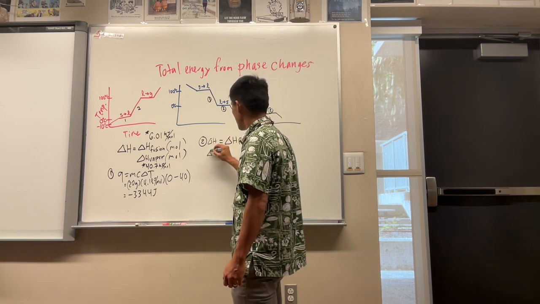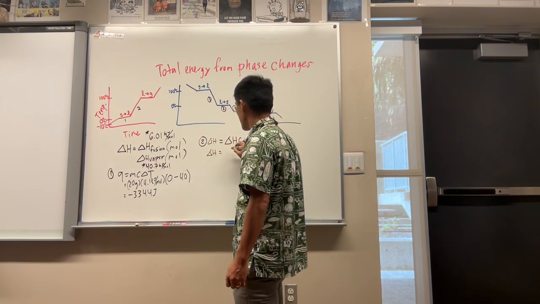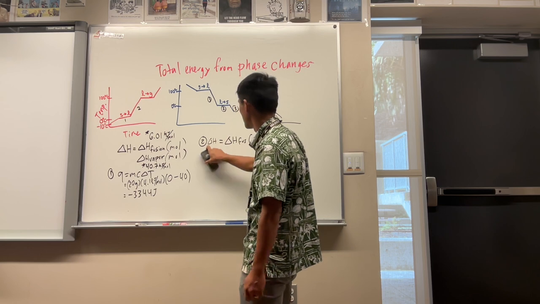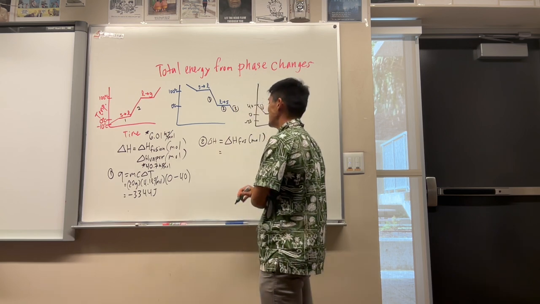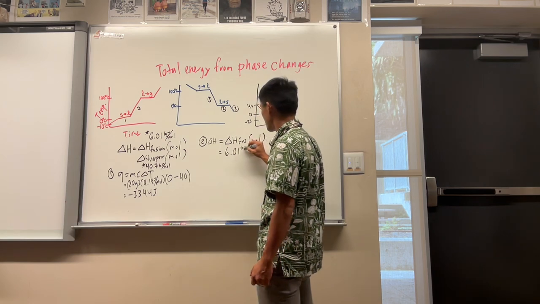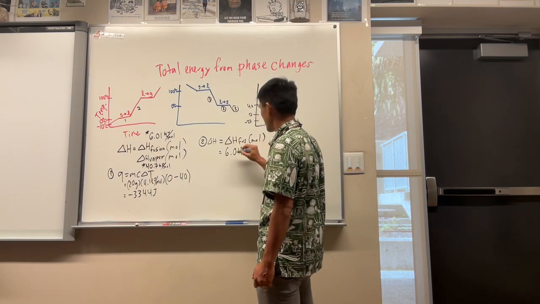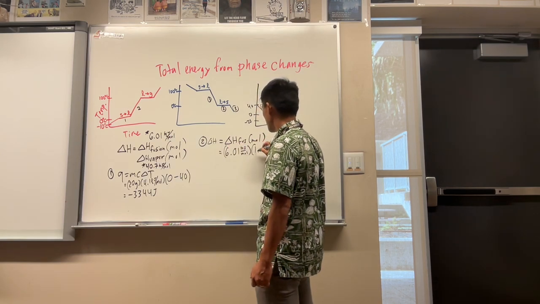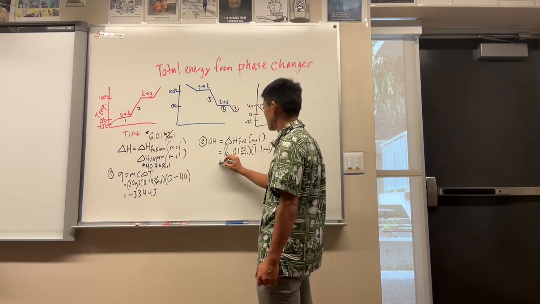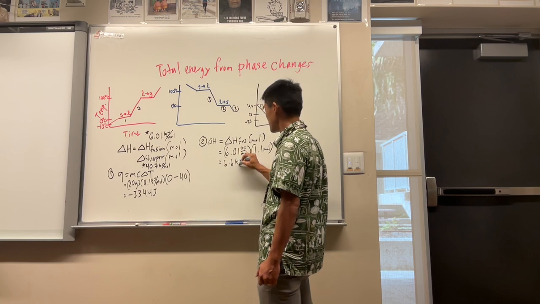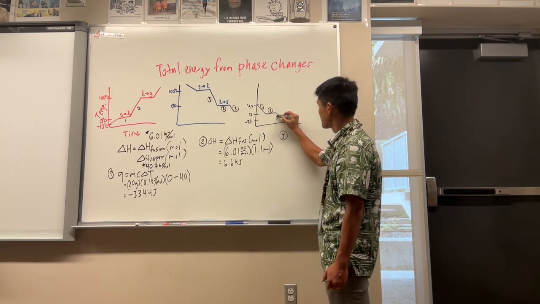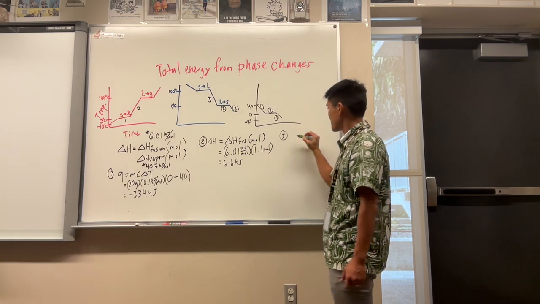So delta H fusion is 6.01 kilojoules per mole. And then how many moles? 1.1. So 6.6 kilojoules. Okay, good. And then step 3, Q equals MCAT, because there's a slope.